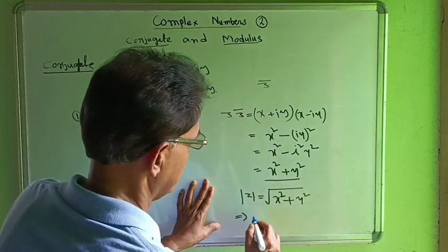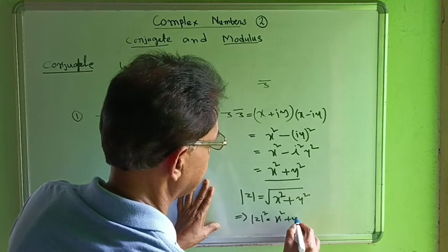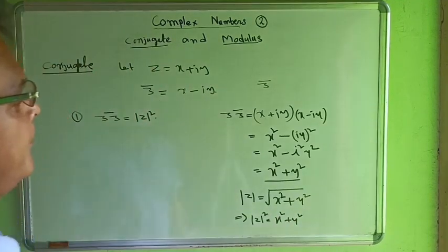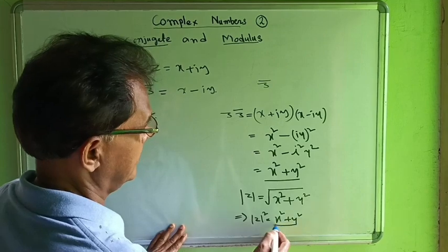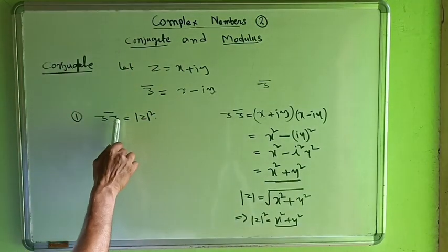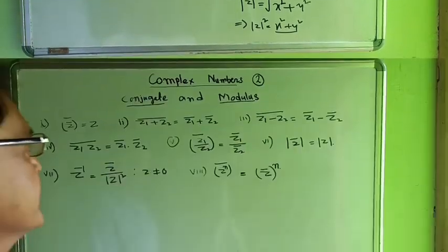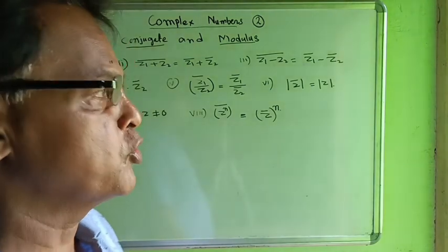If we square both sides, we get x square plus y square. Therefore, from here and here, we can say that z into z bar is equal to modulus z square. That is a very important property of conjugate.